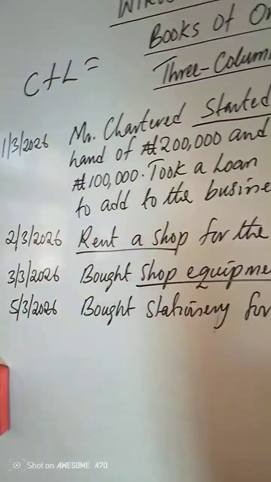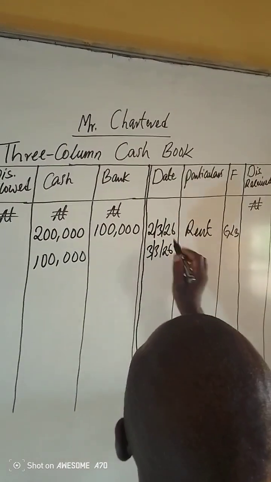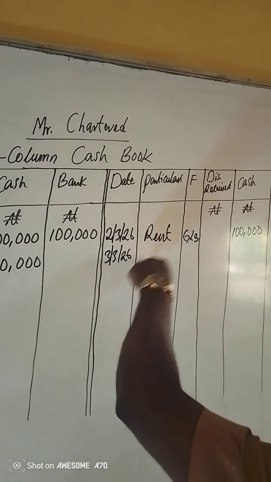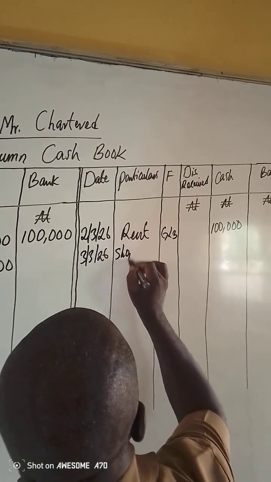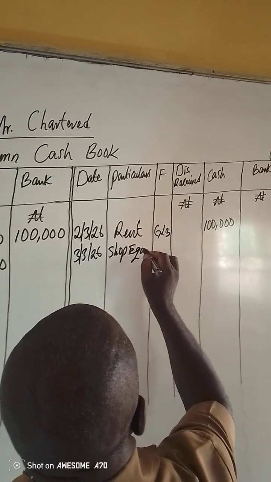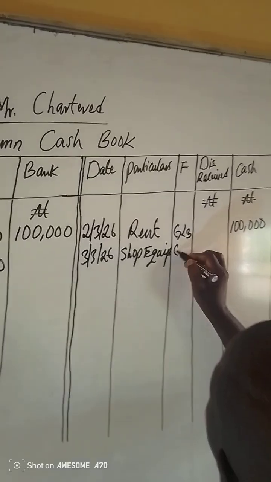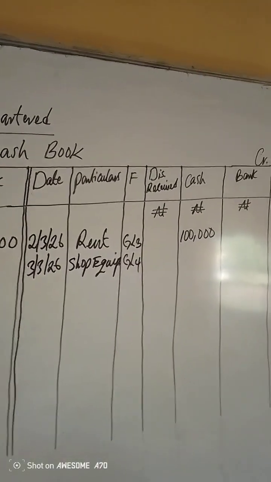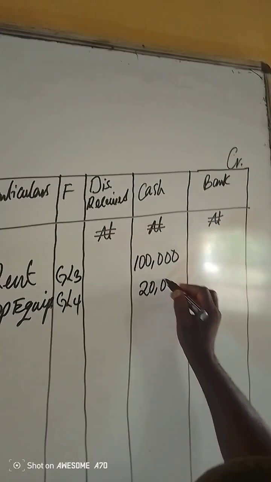So you now come here and credit your cash book on that day, which is 3rd of March 26. Cash is given out for a purpose. It is that purpose that becomes the particular, and it is to acquire shop equipment. Shop equipment. And this becomes general ledger 4.